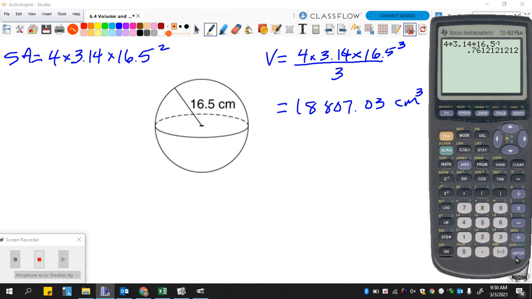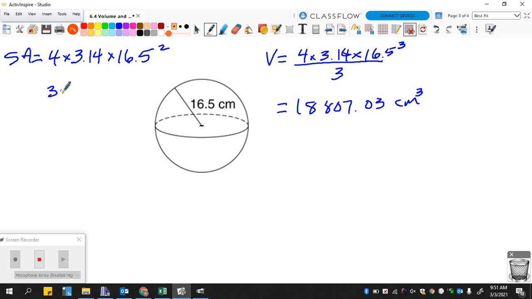Oh, I hit the wrong button. I did to the -1. All right, hang on. Let me clear it out. 4 times 3.14 times 16.5 to the second power, and we get 3,419.46.